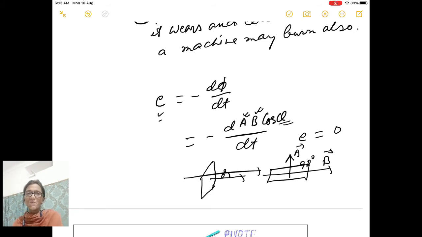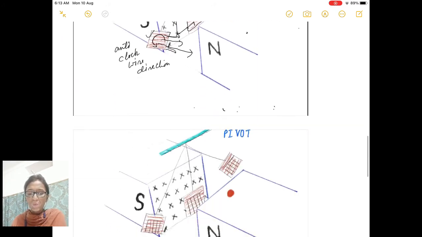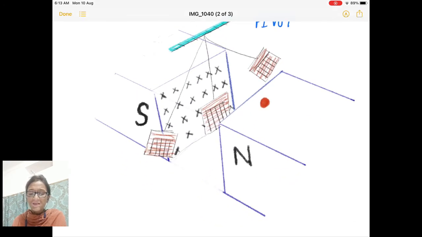So these are the ways by which you can reduce eddy current, the EMF induced. First way is to reduce your plate area. This can be done by making slots in the plate. And second thing, the plane should be parallel to the magnetic field, and the slots are in between the magnetic field and the plane.